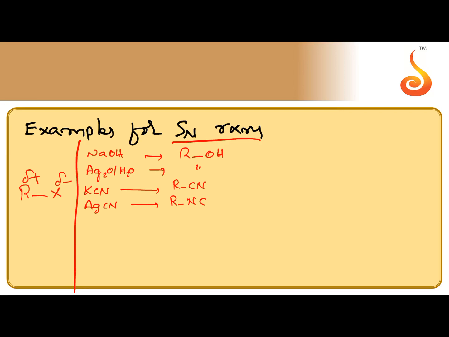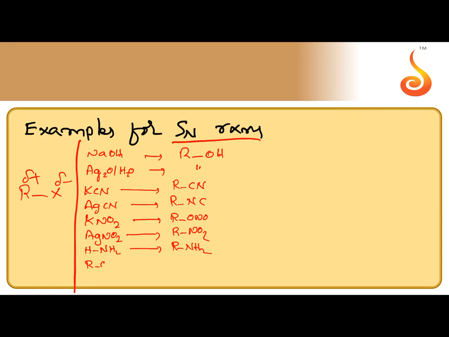If it is potassium nitrite, alkyl nitrite is the major product. If it is silver nitrite, nitroalkane is the major product. Next, if it is ammonia, 1 degree amine is the product.